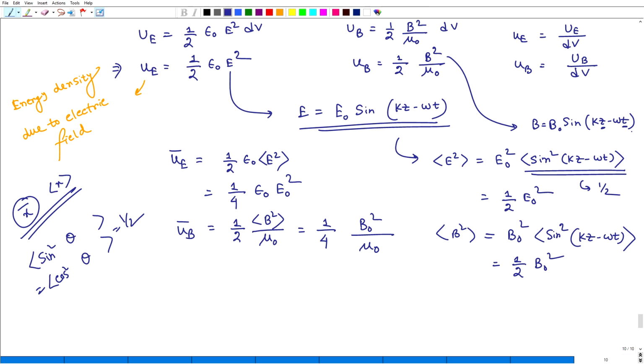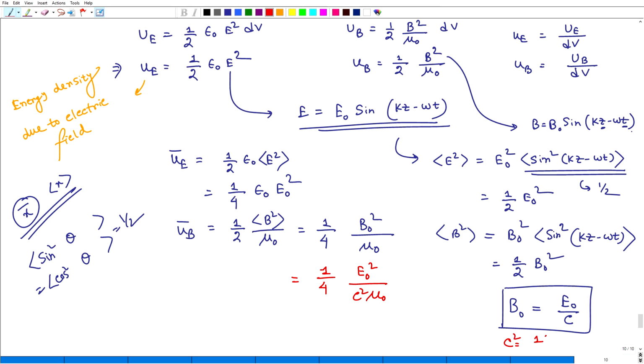Okay. So, now this is UE average and the UB average. We can show that UB and UE average are the same actually. We know that B naught equals E naught divided by C, right. So, I have to put 1 by 4, it will be E naught square divided by C square mu naught. Again we know that C square is equal to 1 by mu naught epsilon naught.